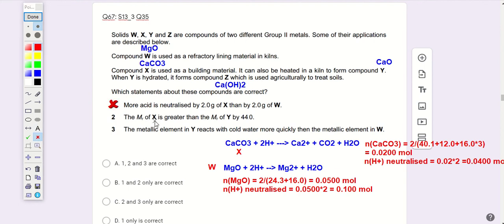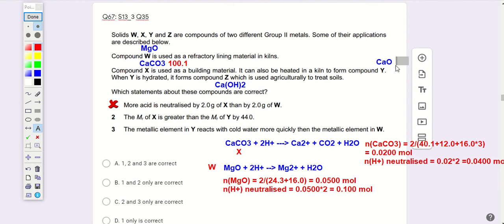Now, MR of X is greater than MR of Y. Look at X and Y again. X is calcium carbonate, Y is calcium oxide. Find the MR: calcium carbonate we found already, which is 100.1.